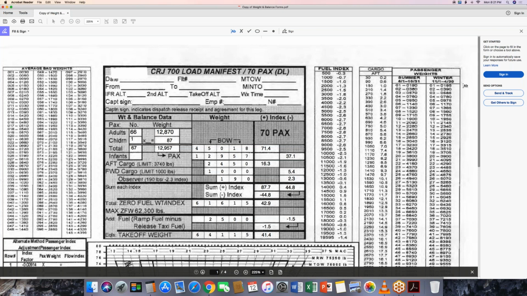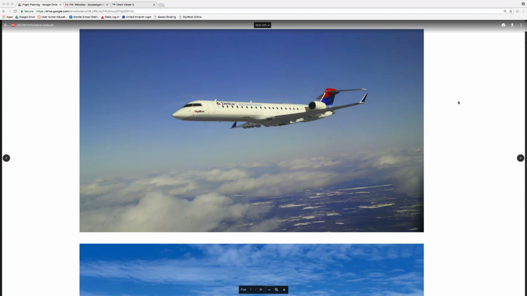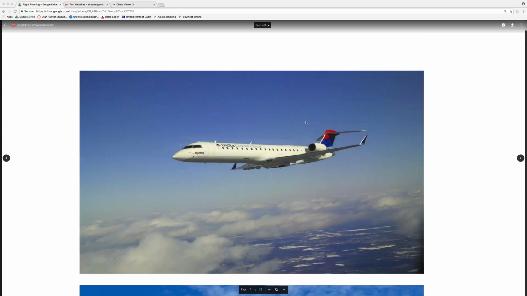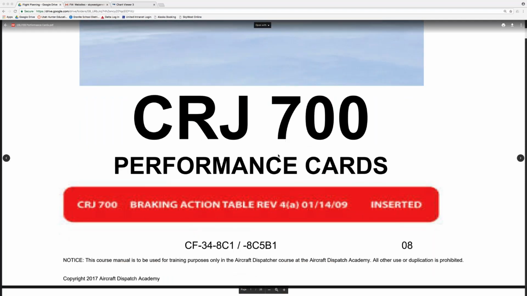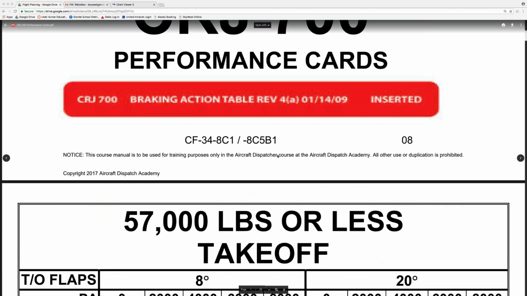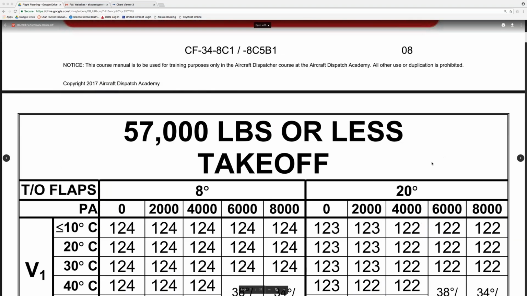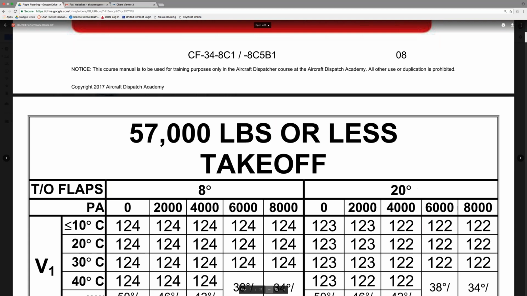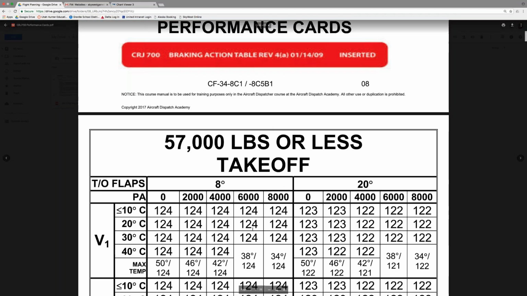So, let's see. So we're going to talk performance cards. This is basically the information. This kind of goes hand in hand with our weight and balance. We use the information we get off the weight and balance to figure out basically our takeoff settings and our speeds.